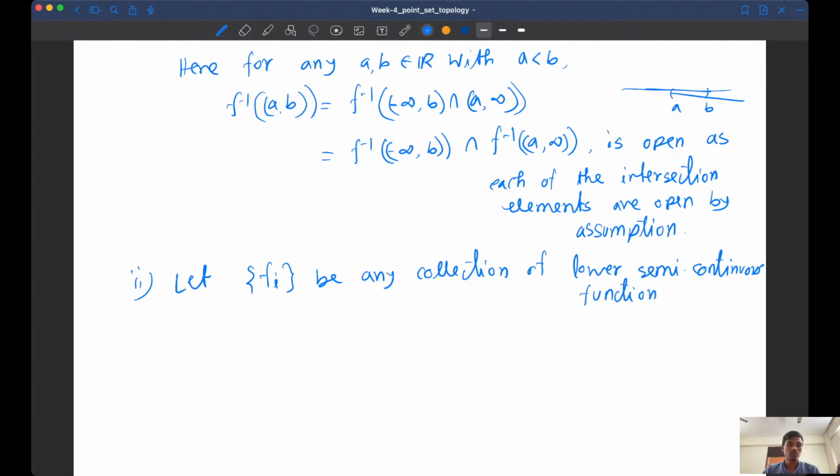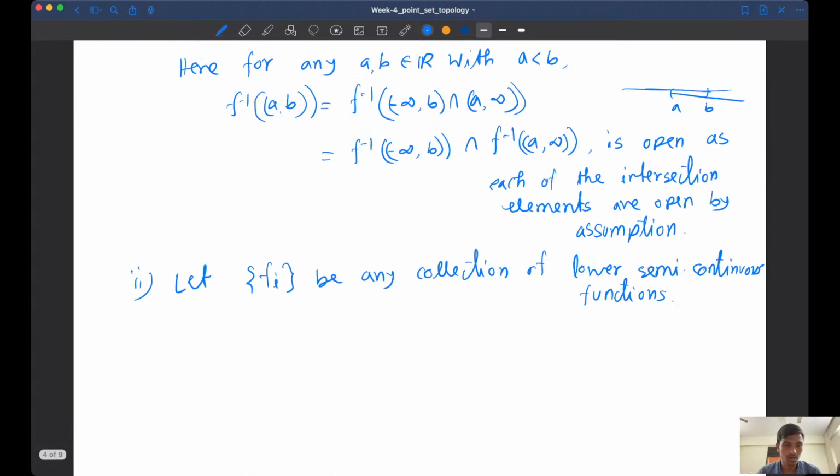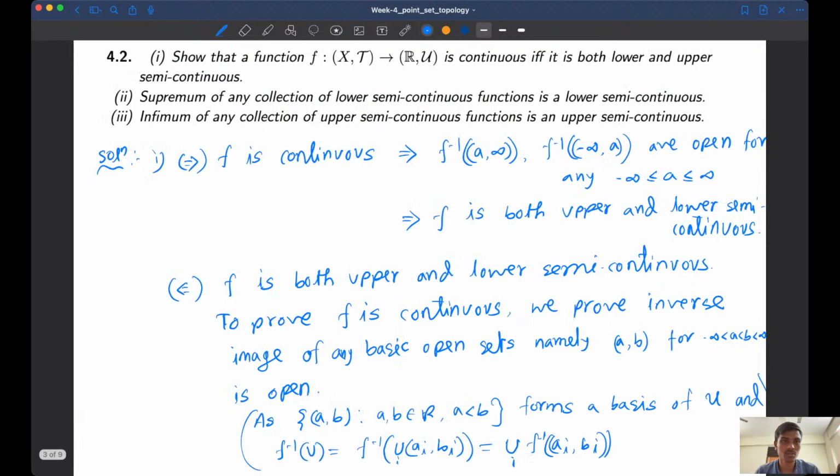Now we are considering the supremum of all of them, so one thing we have to guarantee. Again let F be equal to the supremum. We need this assumption actually, I forgot to mention that.